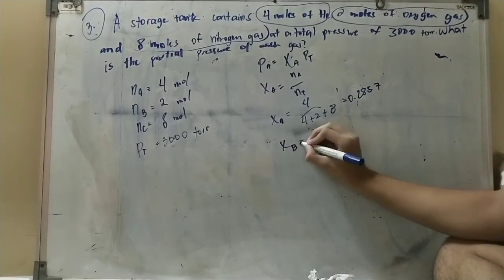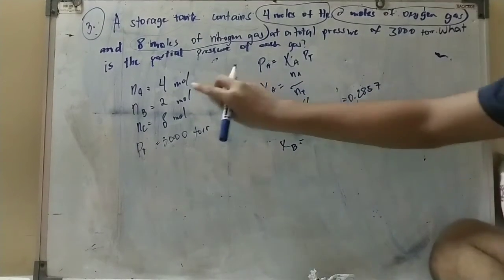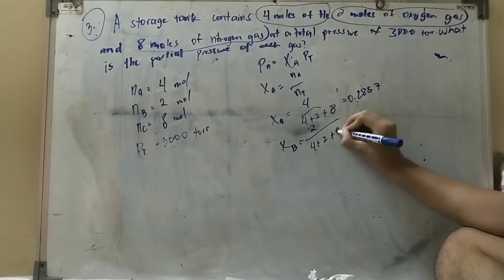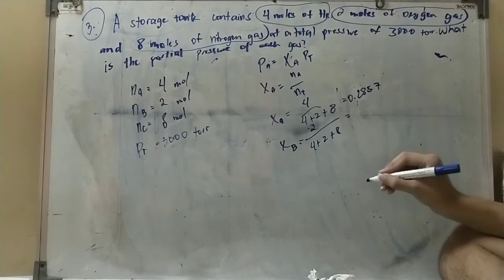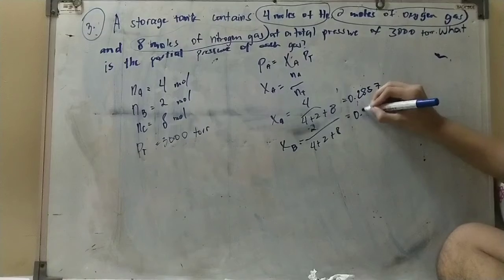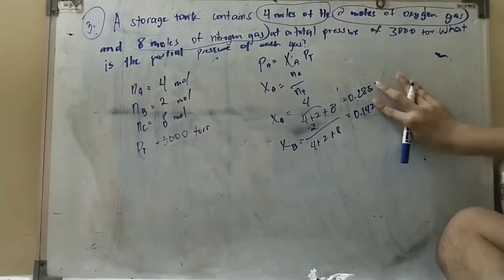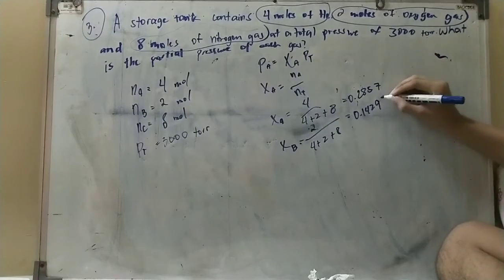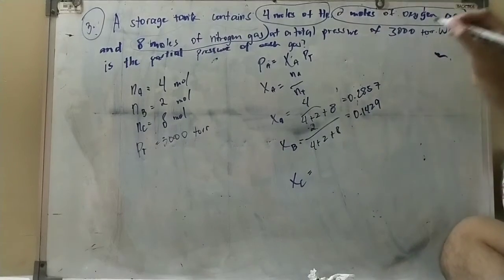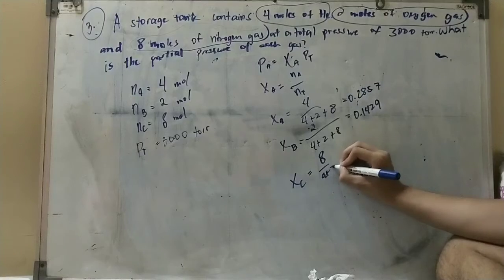Xb is equal to Nb over Nt. So our Nb is 2 and our Nt is still 4 plus 2 plus 8. So 2 over 14 is 0.1429, and our mole fraction of C, or nitrogen, is 8 over 4 plus 2 plus 8.